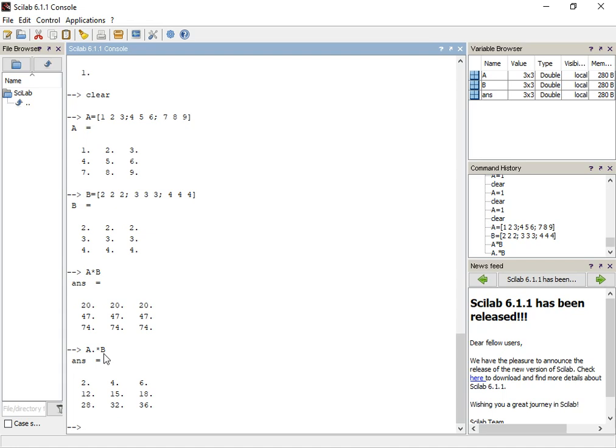Similarly, you are having the command for finding an inverse of the matrix. For example, here this matrix A is not invertible because its determinant is 0.